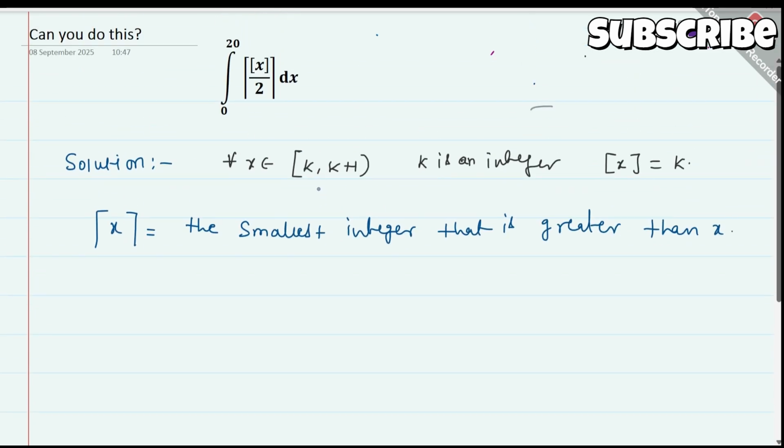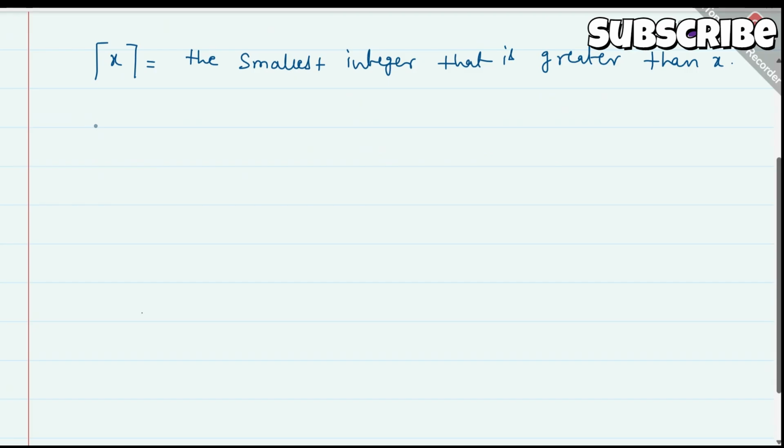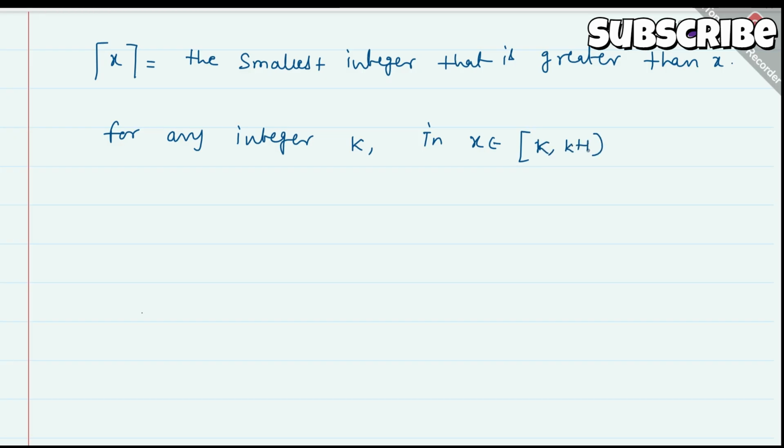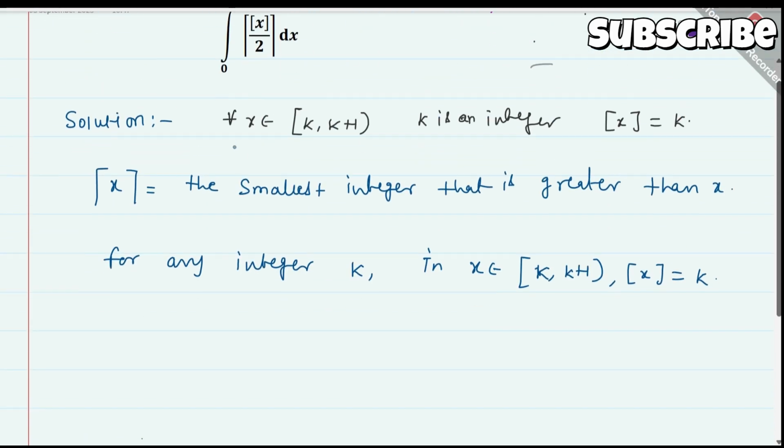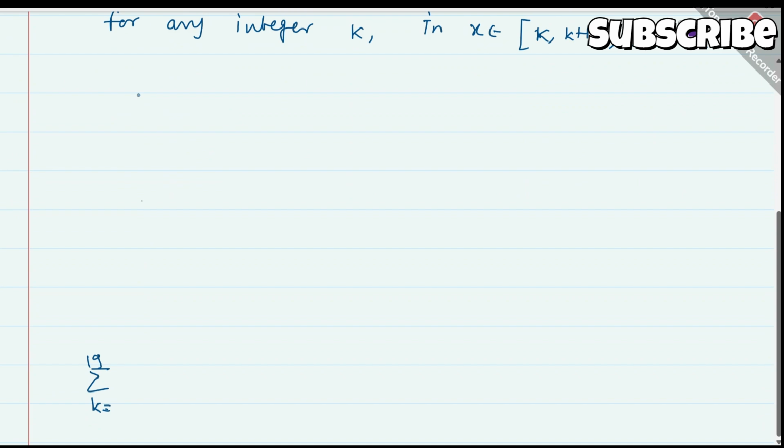So we know that for any integer k, if x belongs to the interval k to k plus 1, the value of the greatest integer function is k. So we can write this integral in the form of a summation.